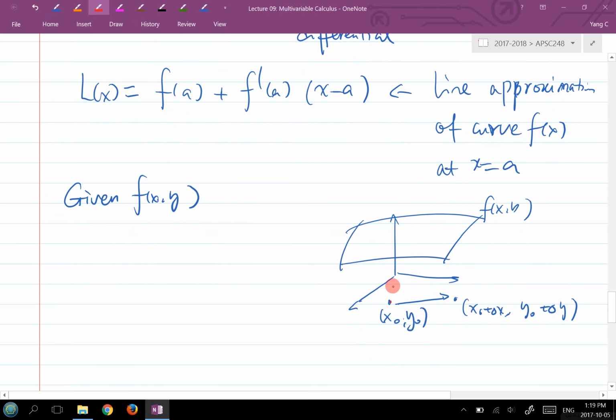Initially you're here, so that's the corresponding f of x0, y0 location. After the movement you're here now, so this will be x0 plus delta x and y0 plus delta y location.